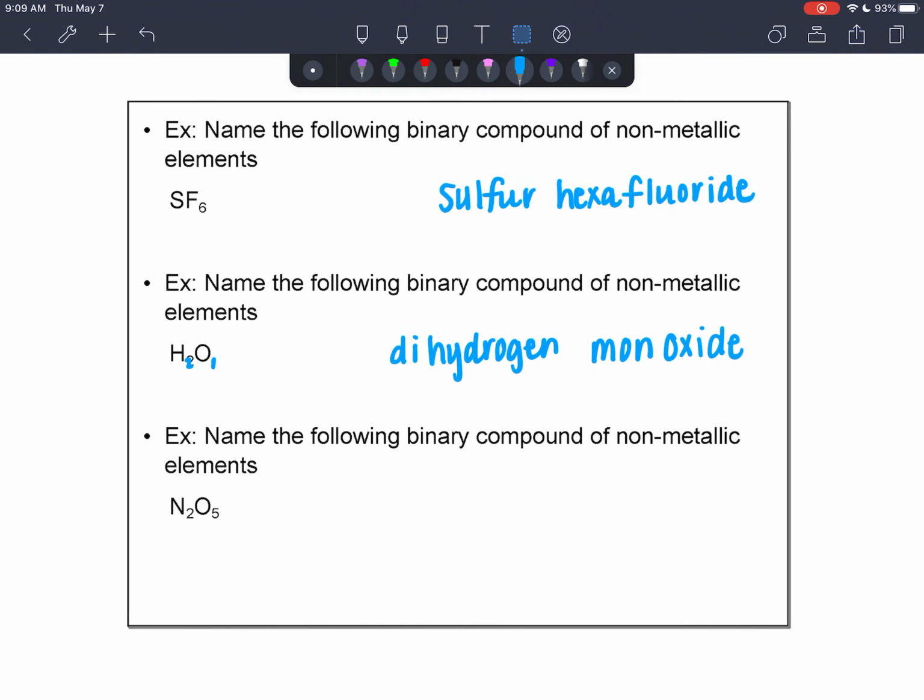Now this last one, I've got nitrogen as my first element and oxide as my second element. There are 2 nitrogens, so I'm going to use the prefix di, and there are 5 oxygens, so I'm going to use the prefix penta.